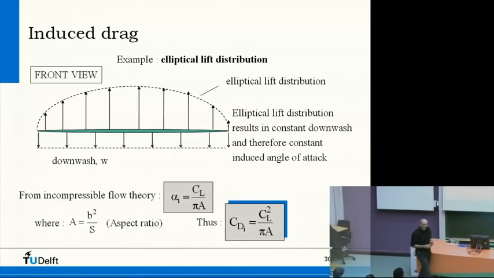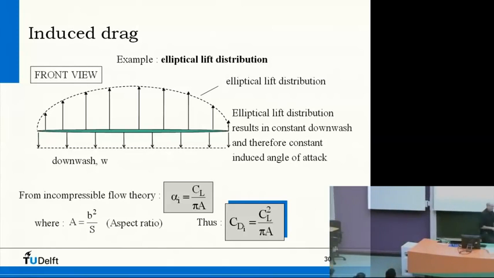They have an elliptical wing. Because lift, the force, is not only C_L, it's also chord, right? Because of the surface. So if you play around with the chord, then you can also do something with the lift force. Let me show that.